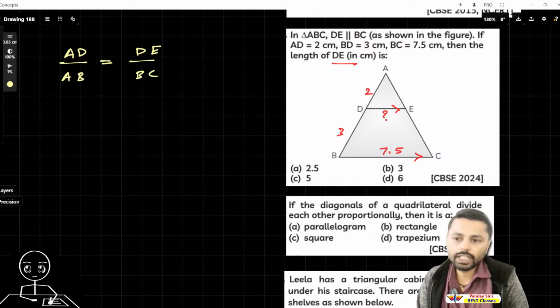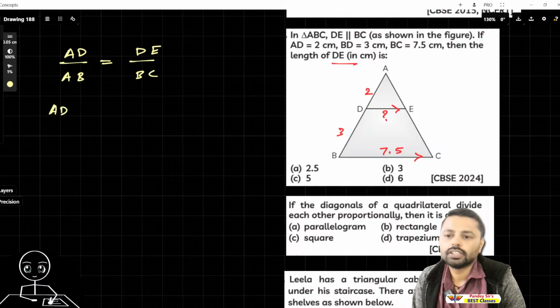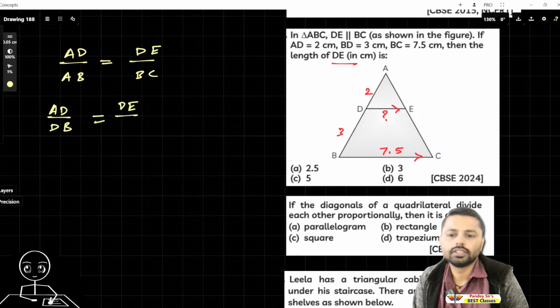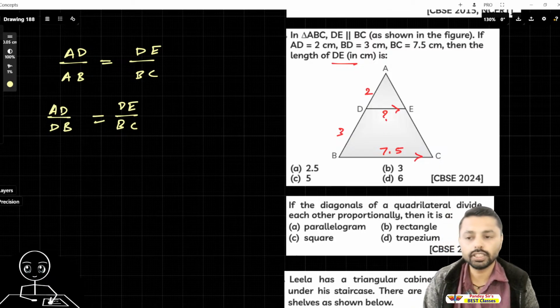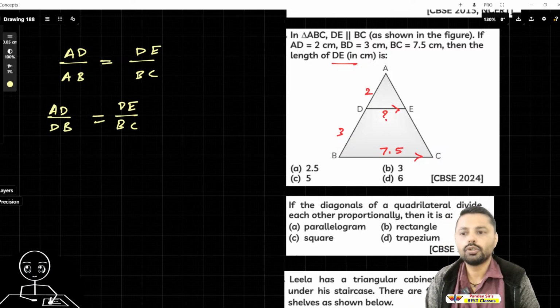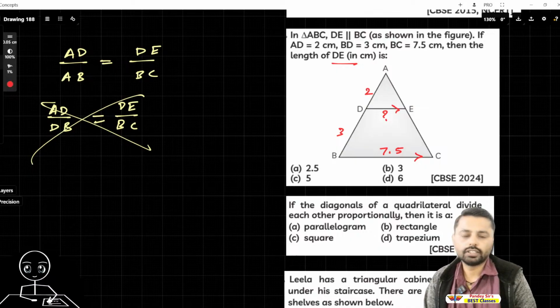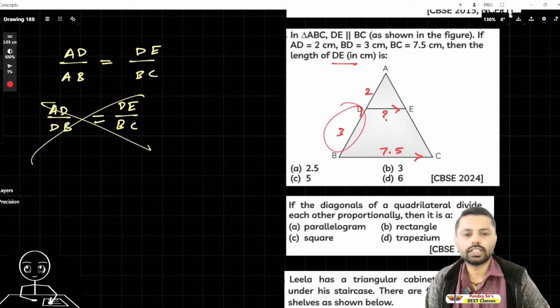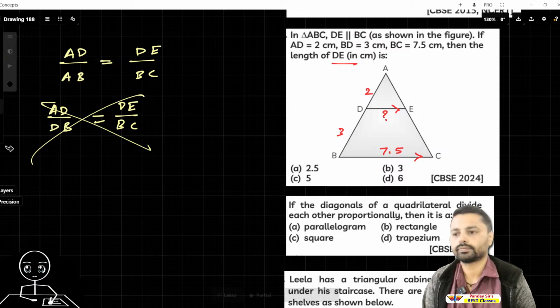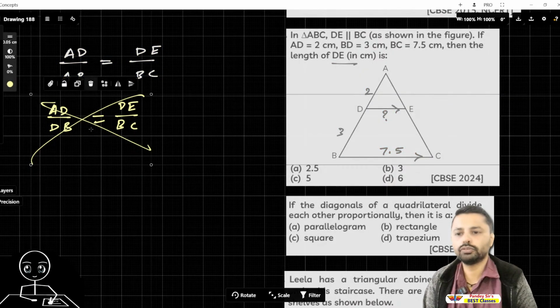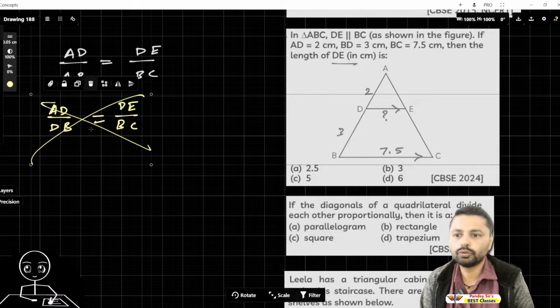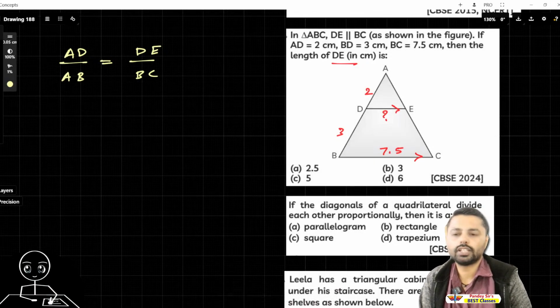You would have thought AD by DB equal to DE by BC, which is a mistake, and students do that several times. Don't do this. Why? This DB is not the biggest side. BC is the biggest side, so here also you need to take the biggest side AB. Keep that in mind. Don't make that mistake.